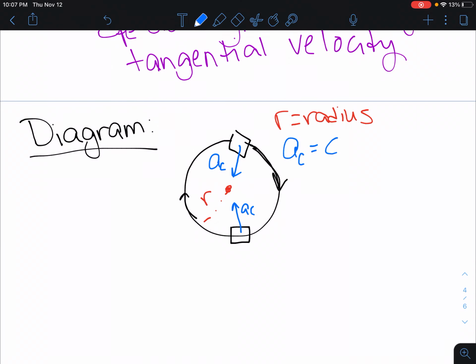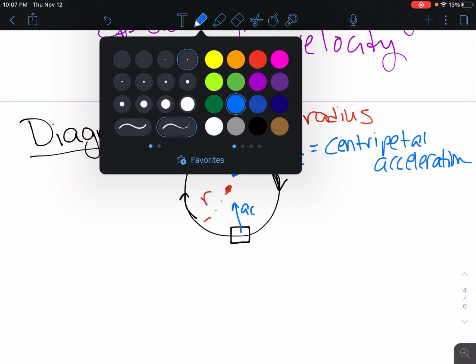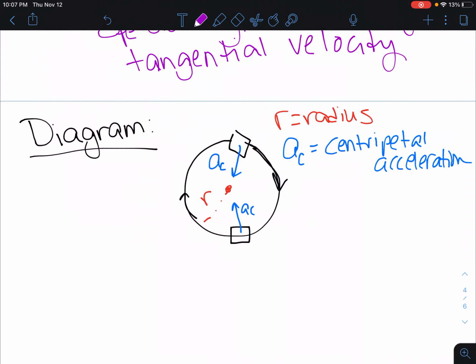AC is your centripetal acceleration. Let me make sure I spell it right. And then we said it has what's called a tangential velocity. So what we mean by that is the velocity is tangent to the circle.